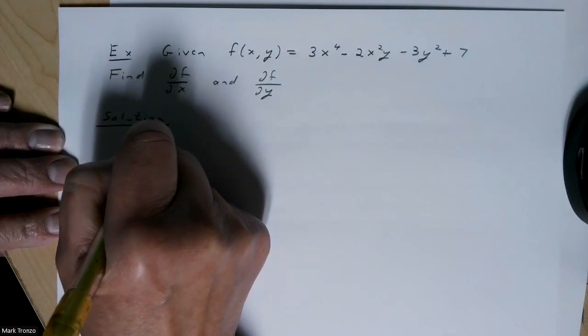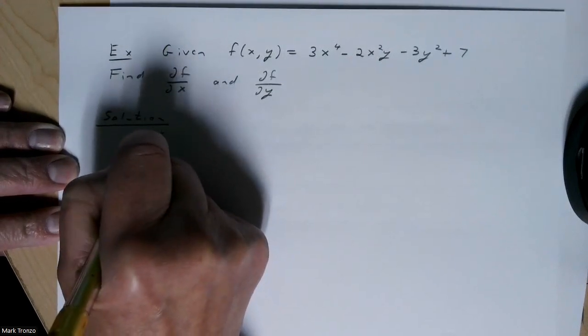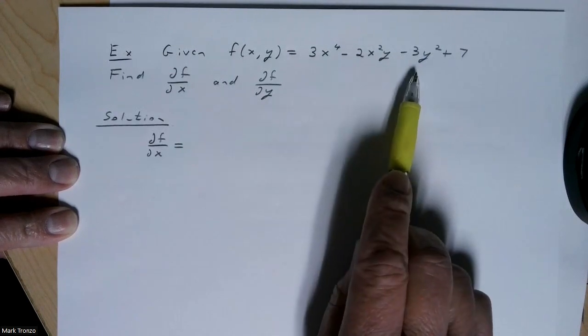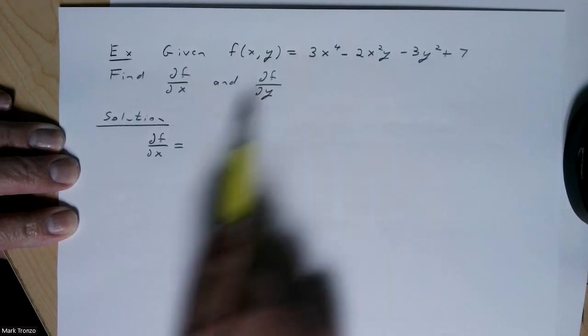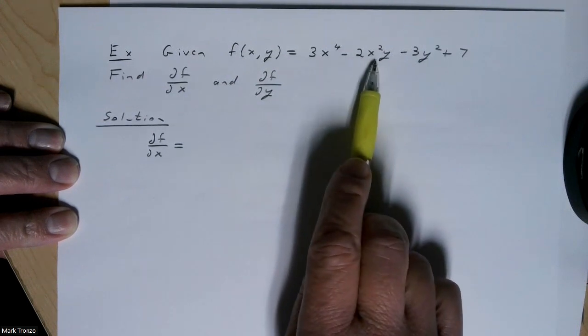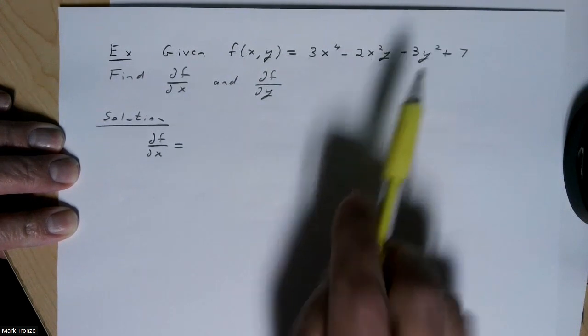So again, let's do df dx. And again, we're taking a derivative of this with respect to x, but we're going to treat everything else, any other variables, as constant.